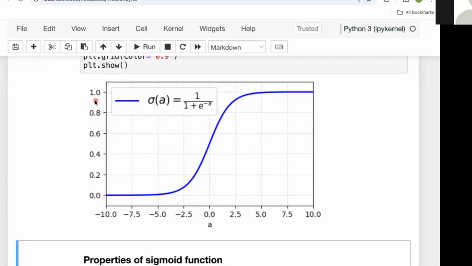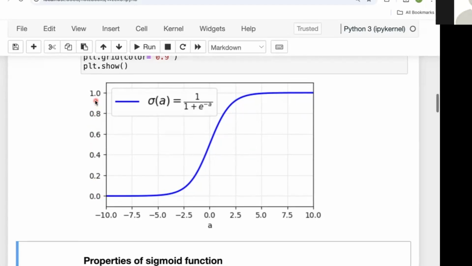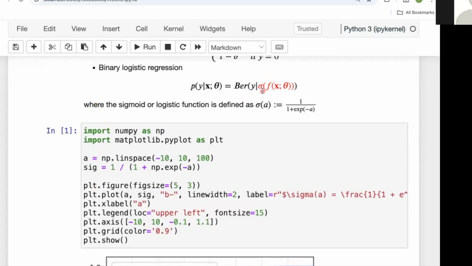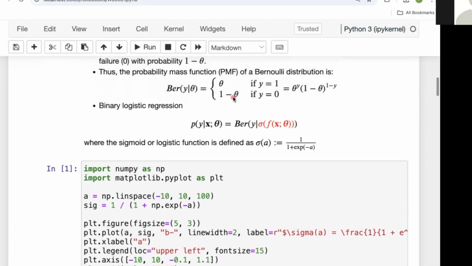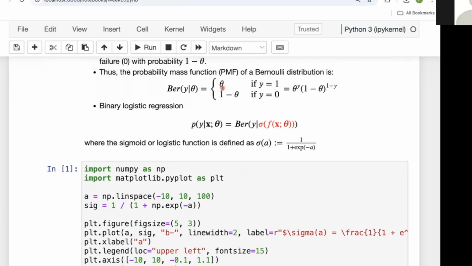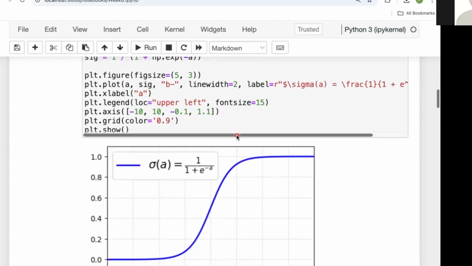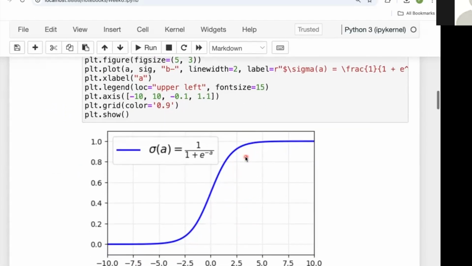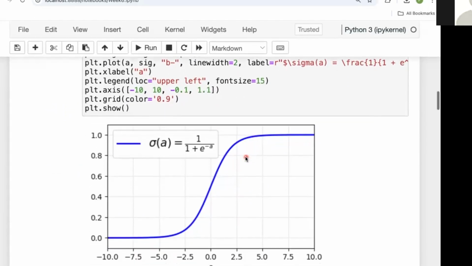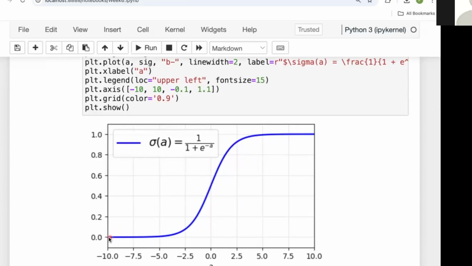And this is not by coincidence, because what we wanted to do here was to make sure that this is a valid value for theta for the Bernoulli distribution. And we know that because this has the interpretation of a probability score, this must always be between 0 and 1, otherwise we get into trouble. Therefore, this sigmoid or logistic function is a way to ensure that we always get something that is from 0 to 1.